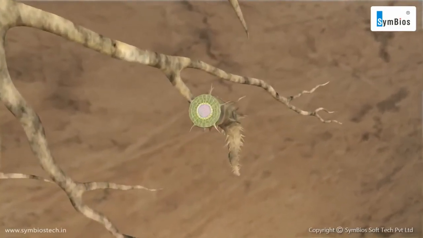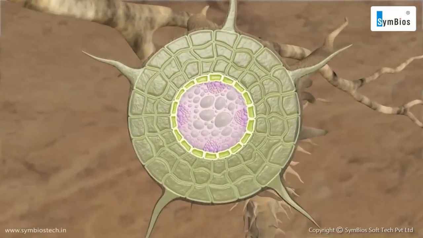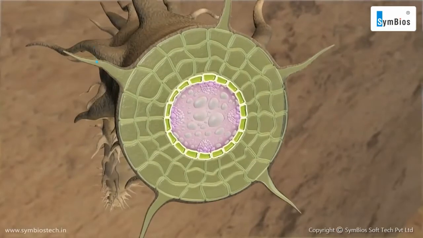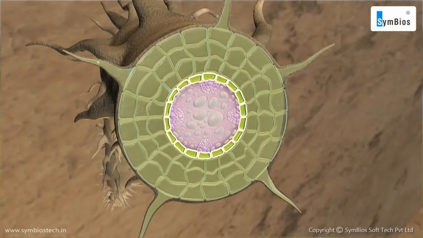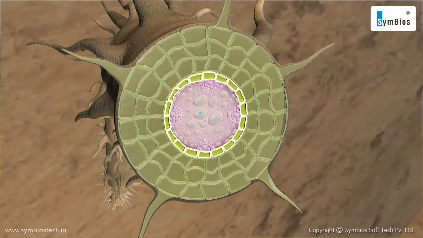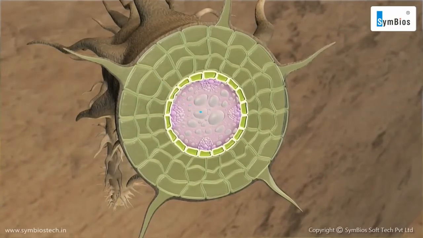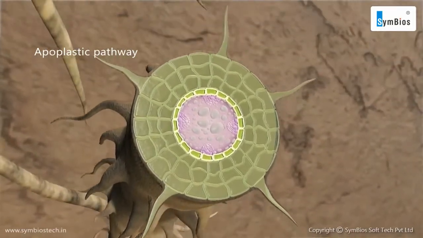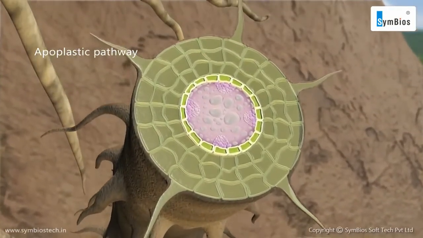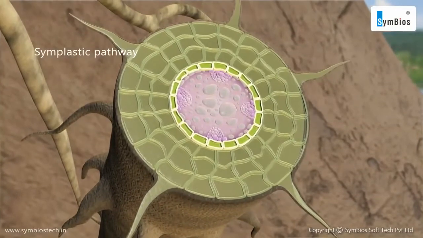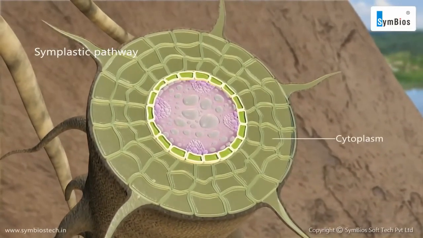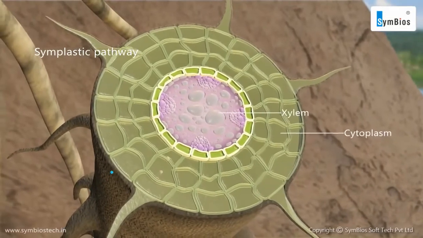Water and minerals enter the root by two pathways: apoplastic pathway and symplastic pathway. If water and minerals move from cell to cell through spaces between the cell walls, then it is known as apoplastic pathway. In symplastic pathway, The water and minerals move across the cytoplasm and finally reaches the xylem.